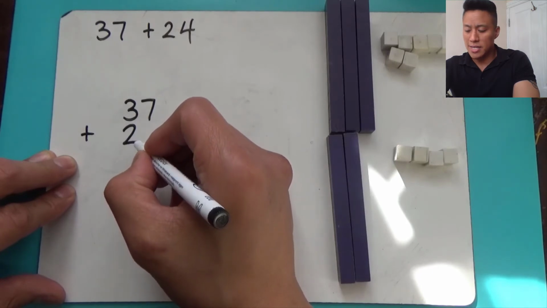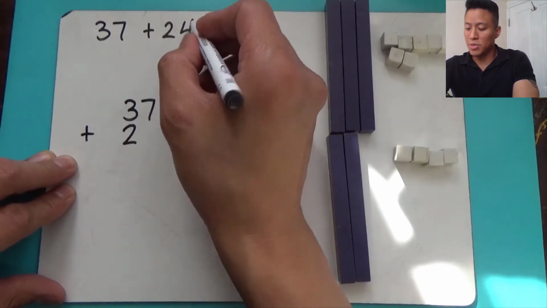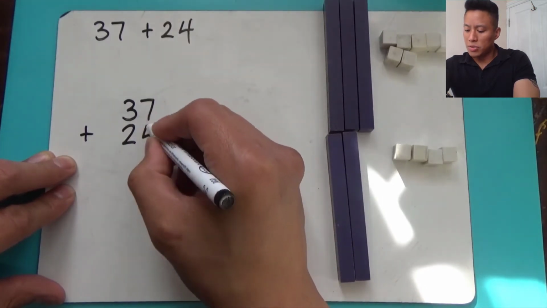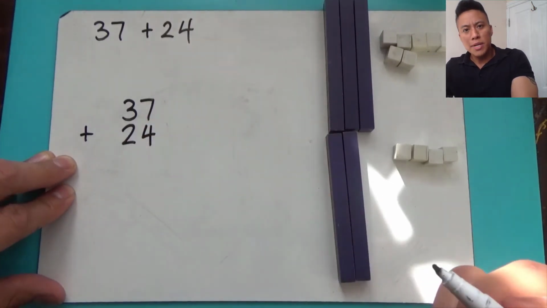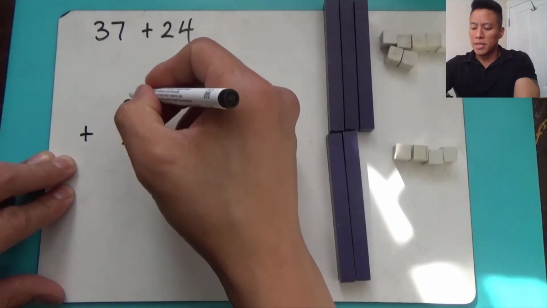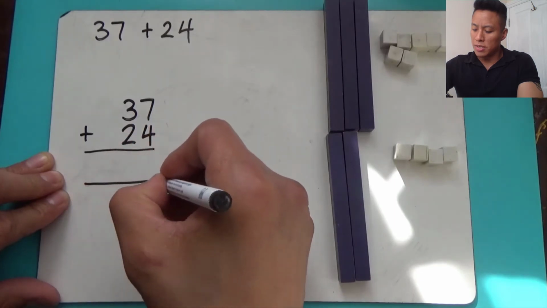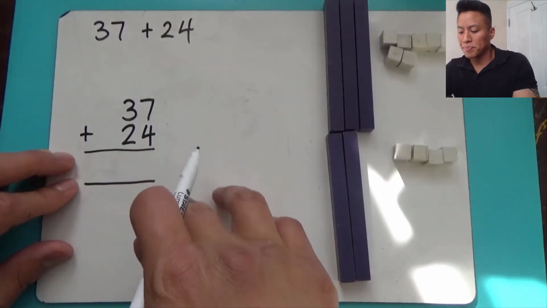Keep it nice and neat, so it's easy to see what's going on. The 4 ones will go in the ones column, directly beneath each other. Let's complete it by drawing our equal sign.